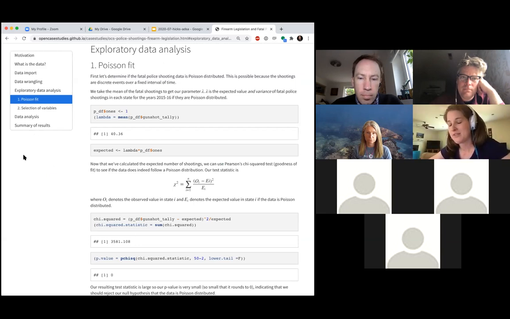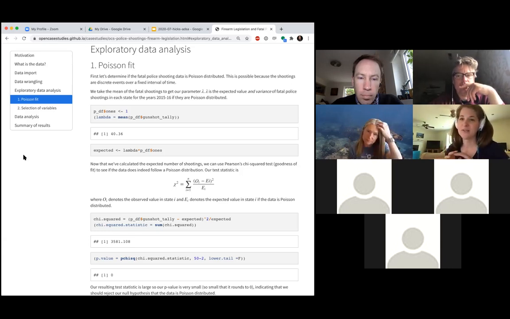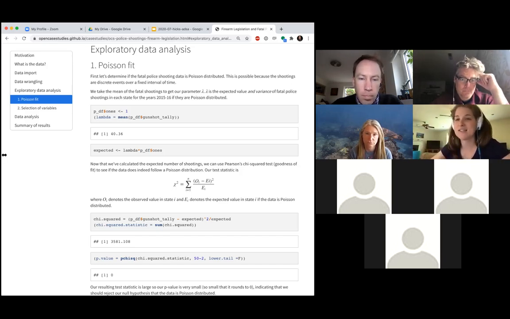databases out there with data sets, and Google has its own search engine for data sets, but there's not a database out there of data analyses that you can use in the classroom. And so that was the niche that we're trying to address, where you can go to the Open Case Studies repository and have a repository of case studies that you can search by terms. So you can search by linear regression, t-tests, distributions, or tidyverse.